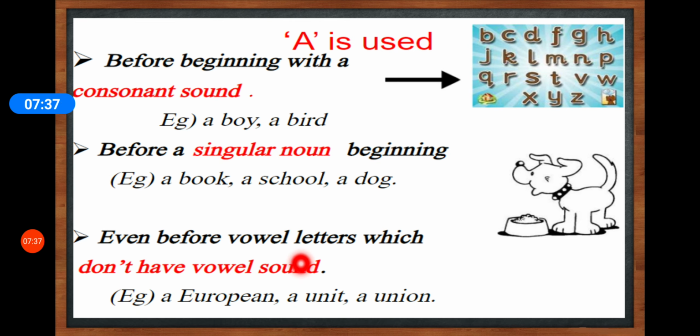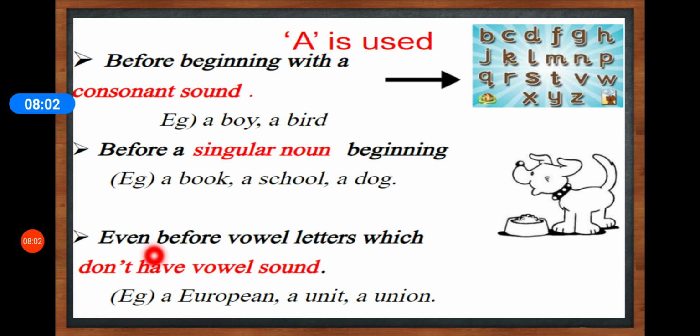Similarly, unit, U. Again, the sound is U, although U is a vowel. But the sound is a consonant. Similarly, union, vowel letter but a consonant sound.